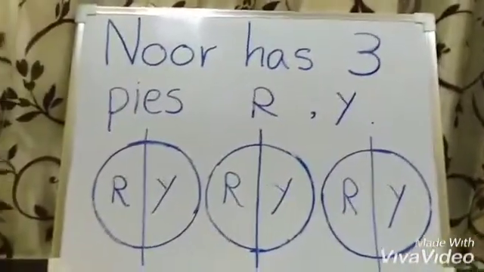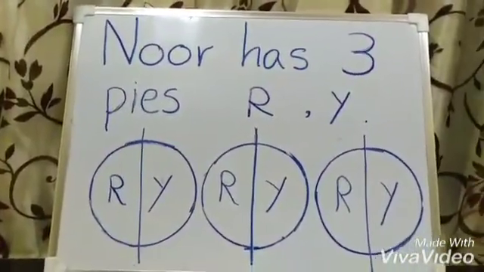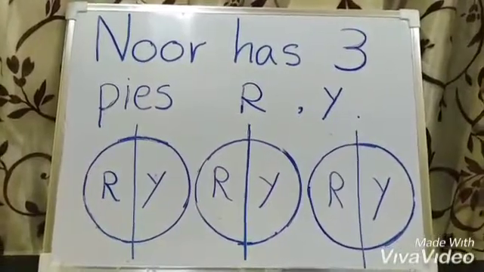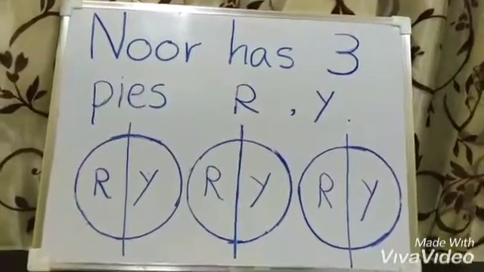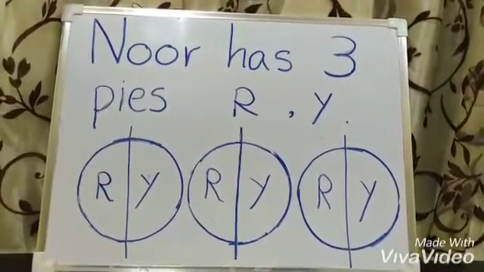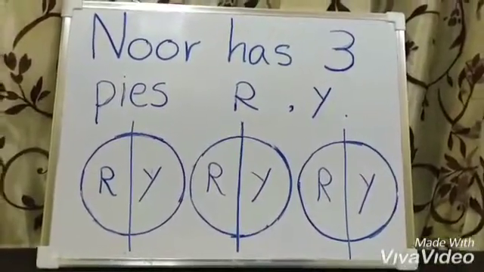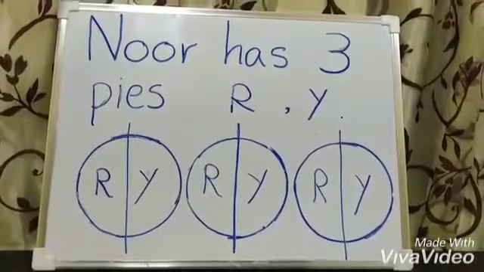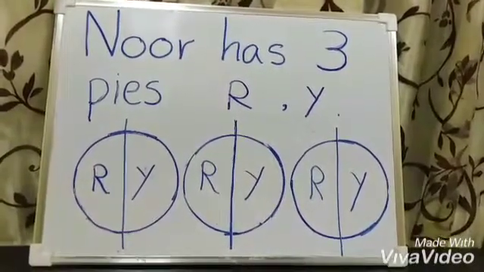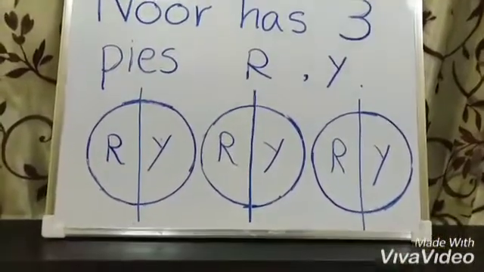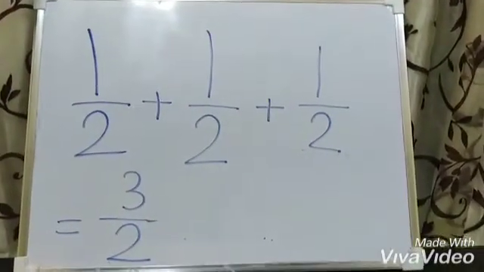This is another way shows how we can share 3 pies equally between Rinad and Yamina. We can cut each part into 2 equal parts and give 1/2 for Rinad and the other half for Yamina. Now, how many half parts each one of them will get? Excellent for you.